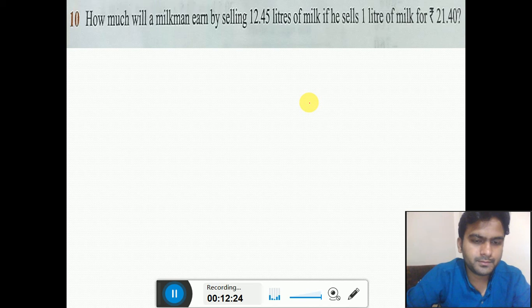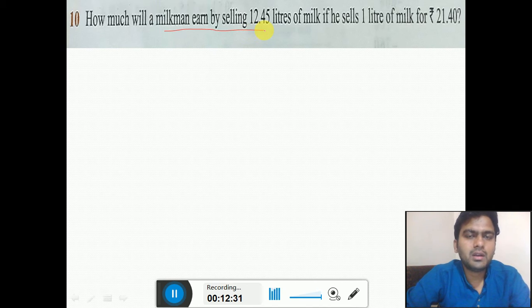Now question number 10. How much will a milkman earn by selling 12.45 liters of milk if he sells 1 liter of milk for rupees 21.40? So 1 liter of milk costs, it is given to us, 21.40.